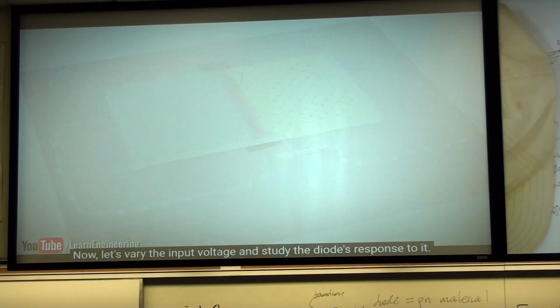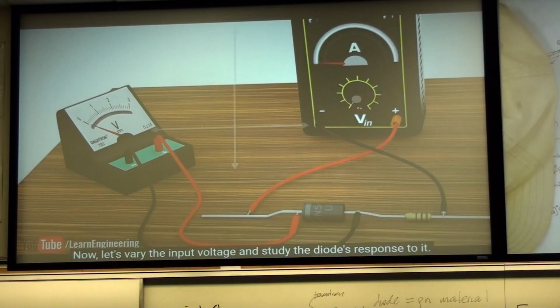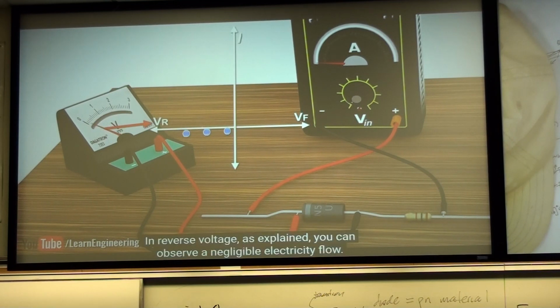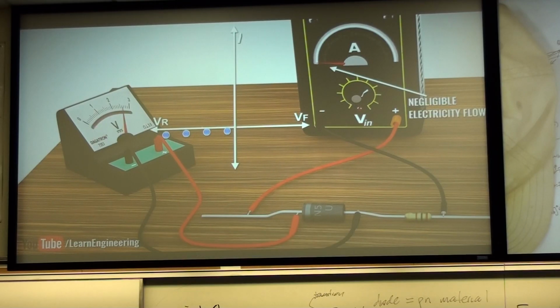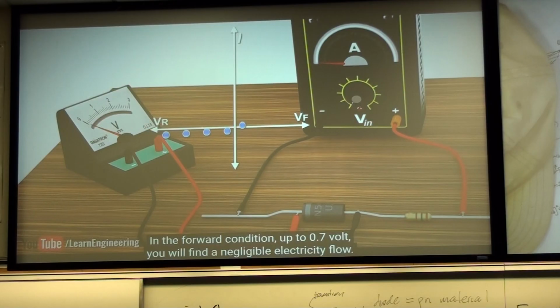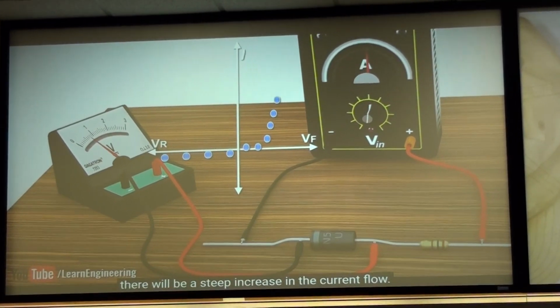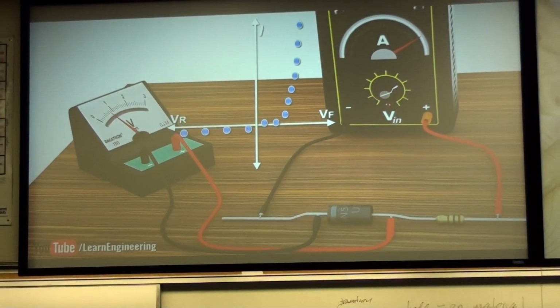Now, let's vary the input voltage and study the diode's response to it. In reverse voltage, as explained, you can observe a negligible electricity flow. In the forward condition up to 0.7 volts, you will find a negligible electricity flow. But right after crossing this barrier potential value, there will be a steep increase in the current flow.